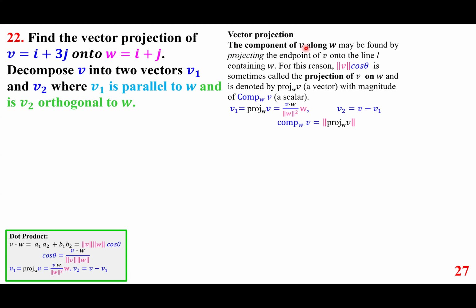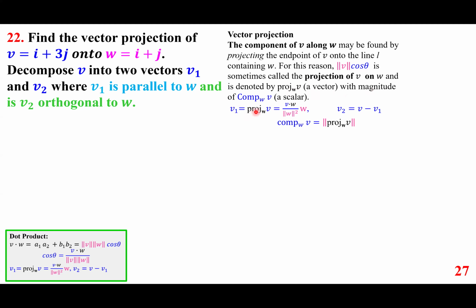The component of V along W may be found by projecting the endpoint of V onto the line L containing W. For this reason, the magnitude of V cosine theta is sometimes called the projection of V on W and is denoted by projection of V on W, a vector with magnitude of component of V on W, which is a scalar.